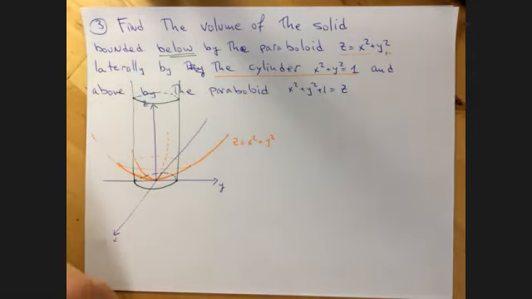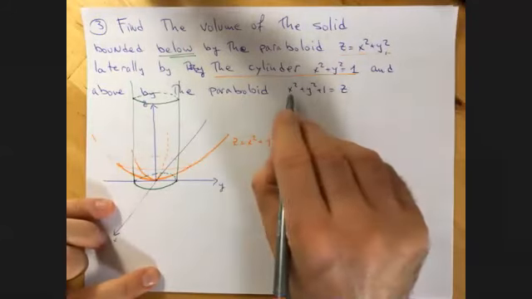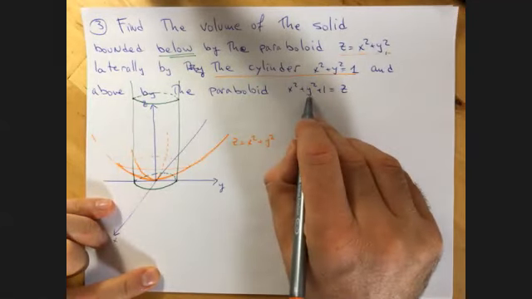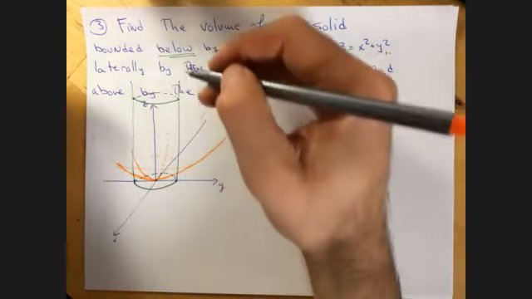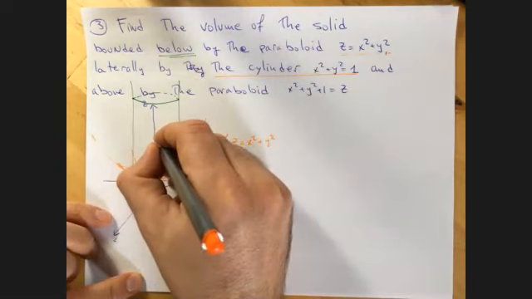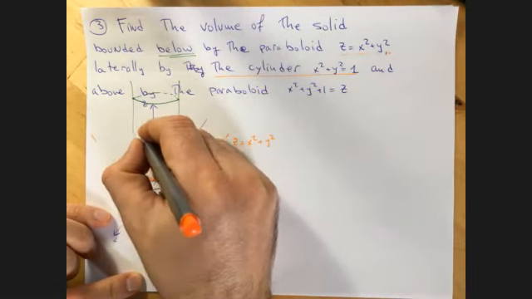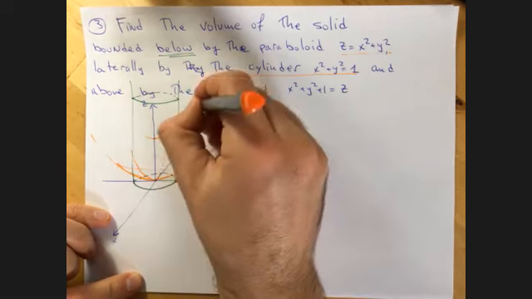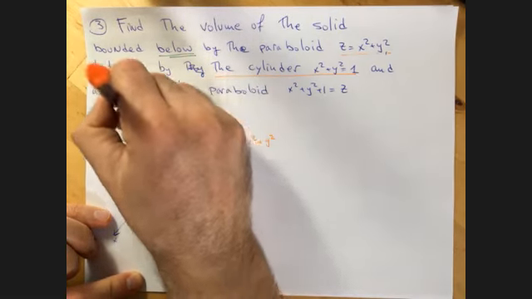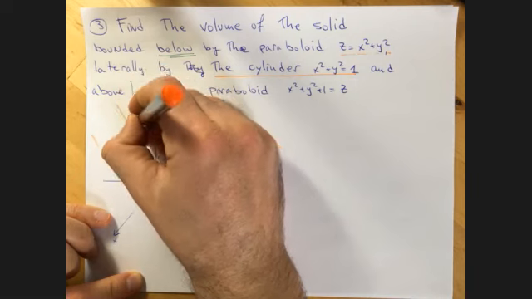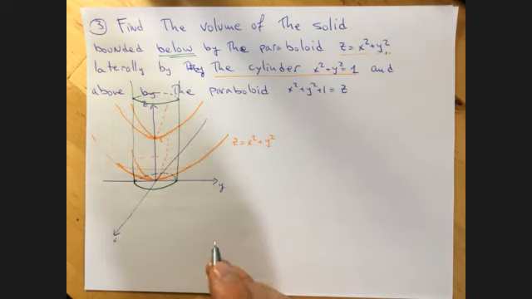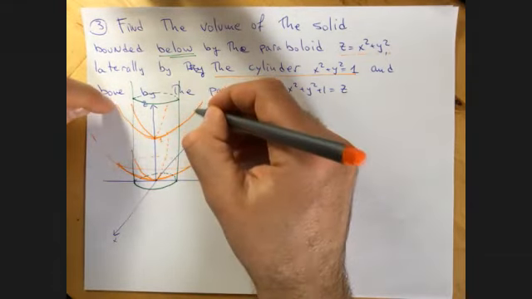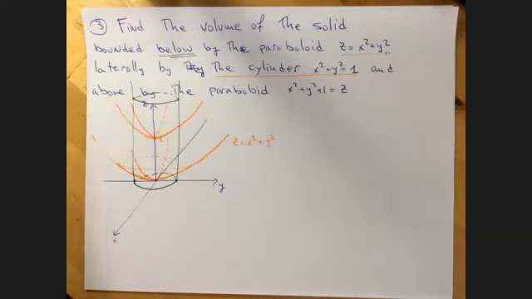Okay, and at the end I have the paraboloid x squared plus y squared plus 1 is equal to z, which means it's this solid just shifted for 1 unit along the z-axis. Let's say this is 1. Okay, so basically, if this is the floor, sorry, the ceiling, and this is the floor, what do we actually obtain?